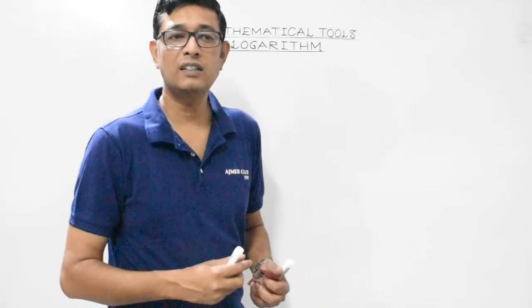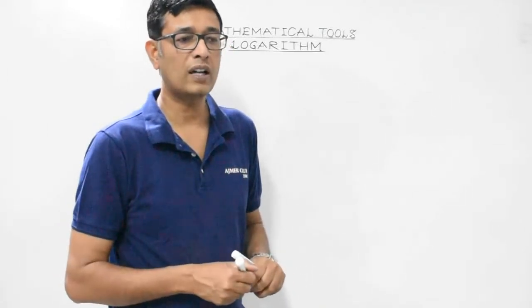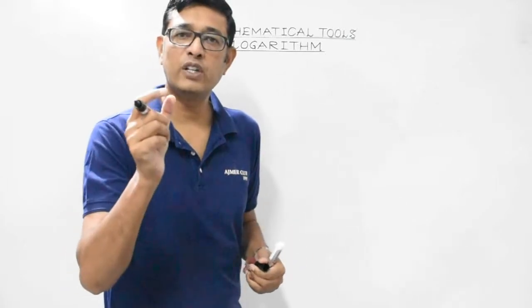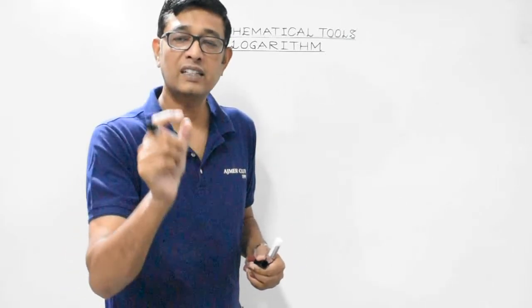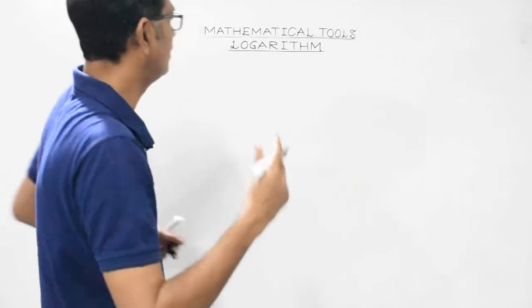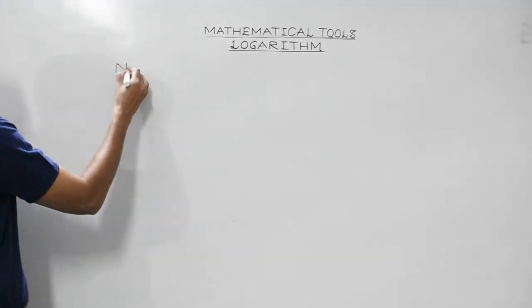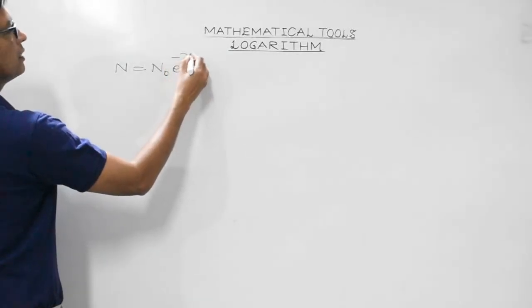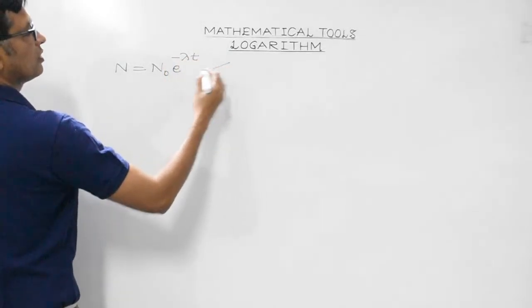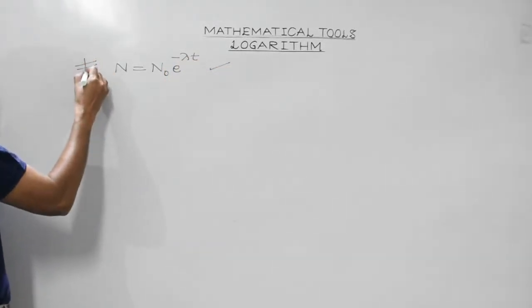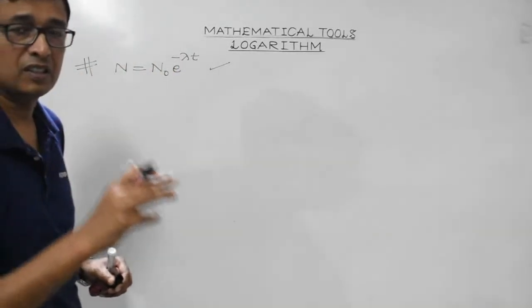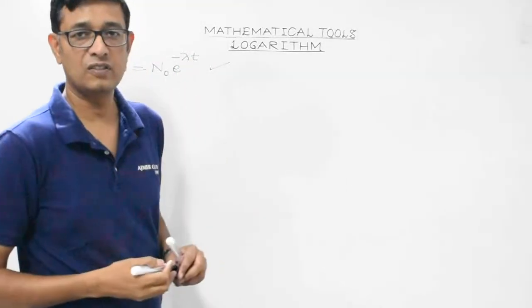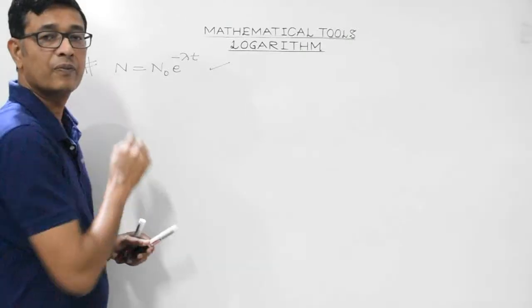So it is found that during the radioactive decay, the number of radioactive nuclei that is left after time t is given by N is equal to N naught e to the power minus lambda t. Let's make use of this result. In nuclear physics, we will prove it. Now in the present scenario, let's make use of this result. So what is N?